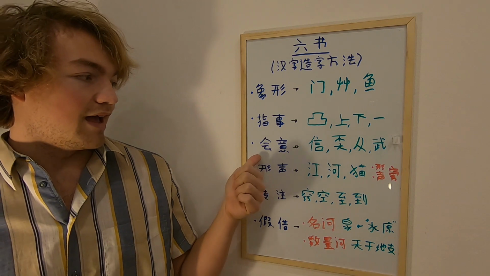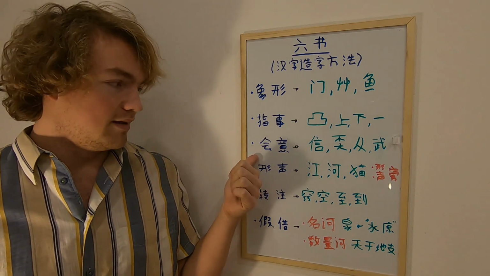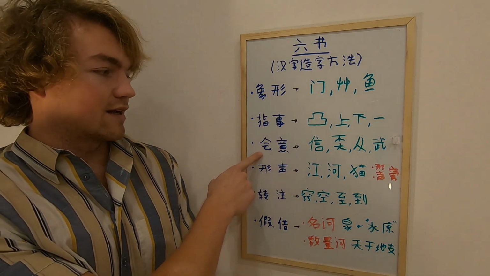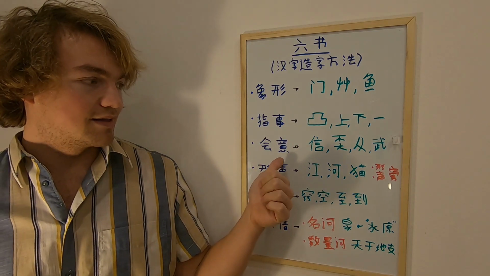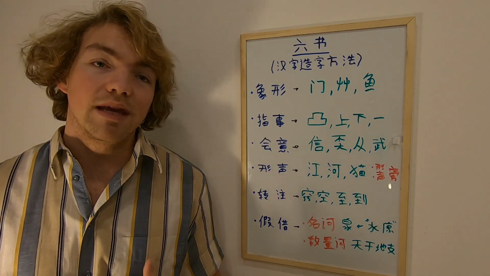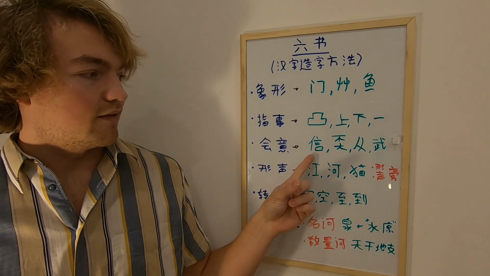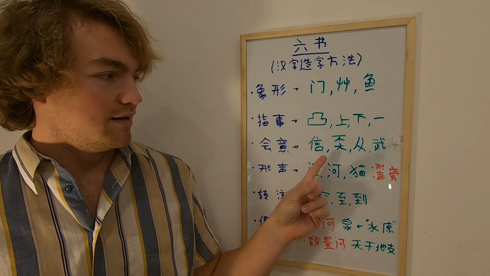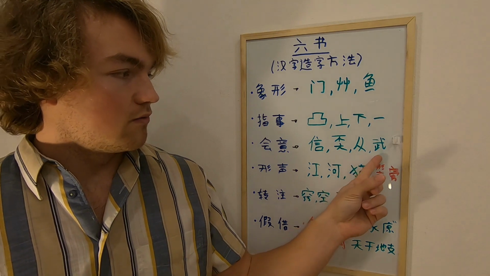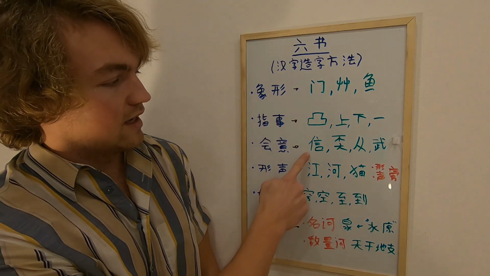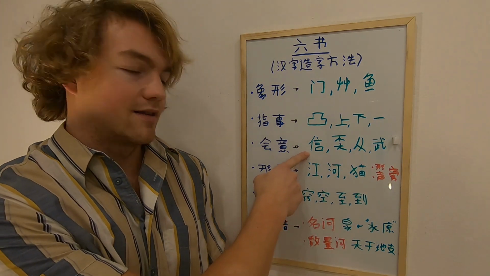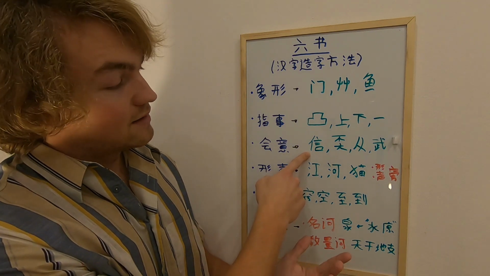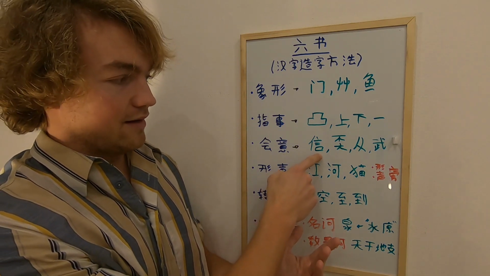And then you have the third one, hui yi, where hui means can, and yi is the meaning of something. And here it's always built out of 2 characters. So you have xin, bu da, cong, wu. In xin, on the left you have this dan ren pang, which means a person, and yan is speech.